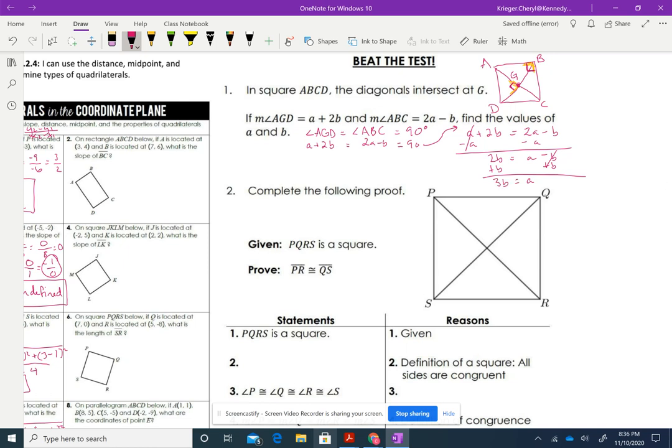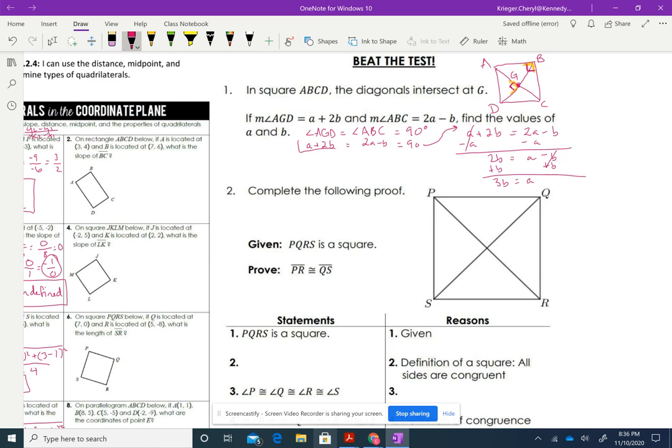Okay, so if A equals 3B, and I know that all the angles are congruent to 90, then I can sub in 3B for A into one of my equations and set it equal to 90.